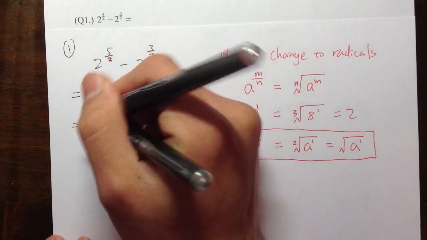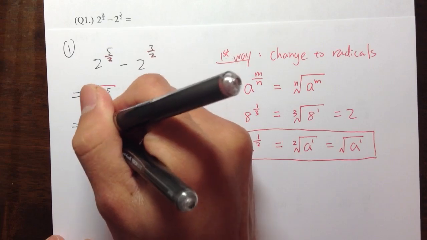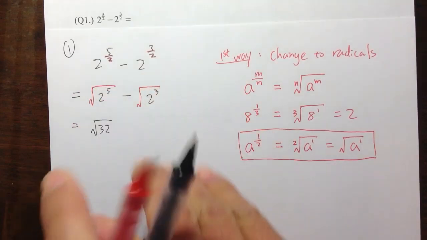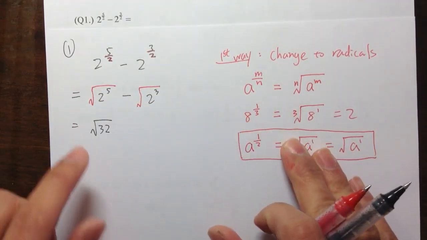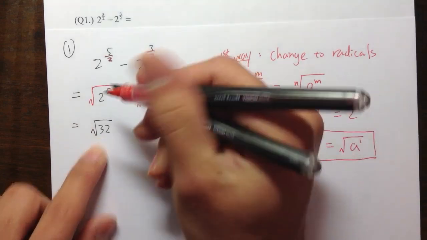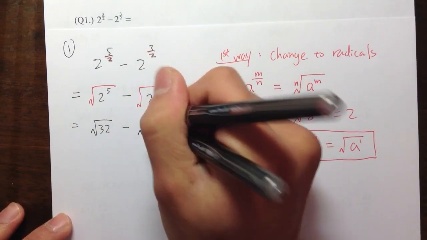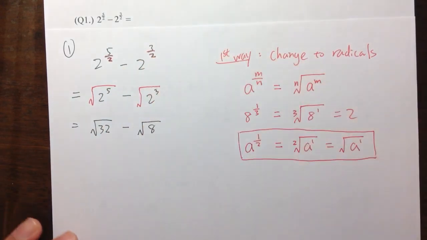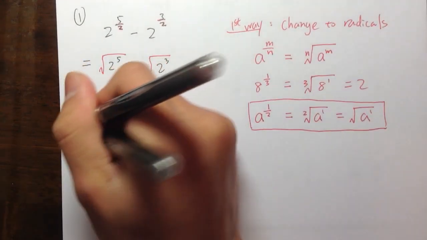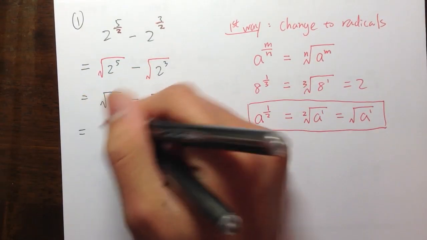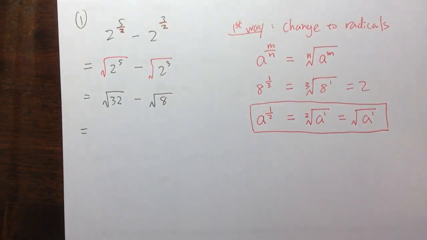Okay, and square root of 2 to the 5, 2 to the 5 is equal to 32. You write down 5 of the 2s and multiply them out, you get 32. Minus square root of 2 to the third power, which is equal to 8. And then for square root of 32, let's see how we simplify that.